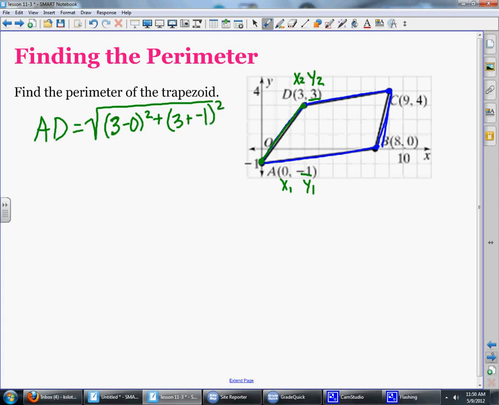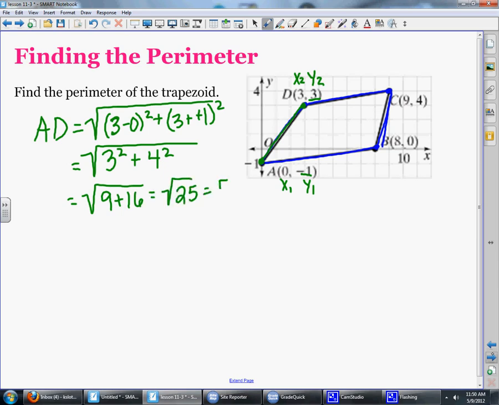So that minus negative becomes a positive. So the distance of AD is 3 squared plus 4 squared, which is equal to 9 plus 16. That's 25, and the square root of 25 is 5. So this distance here is 5 units.